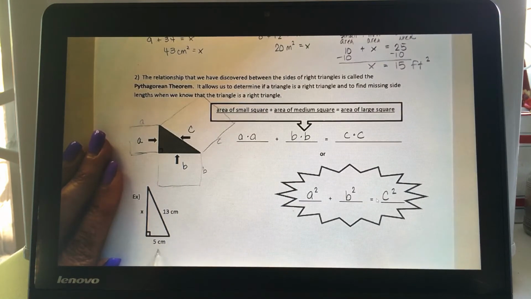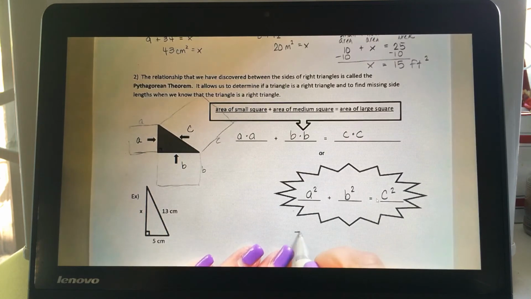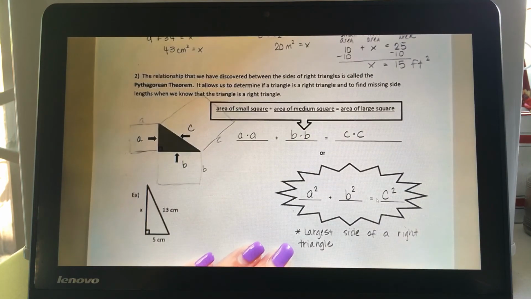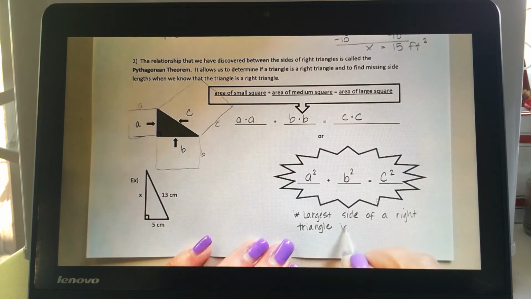Again, we've got 3 sides. So one of the key things to remember is that the largest side of a right triangle, this is super important, largest side of a right triangle is always across from the right angle.